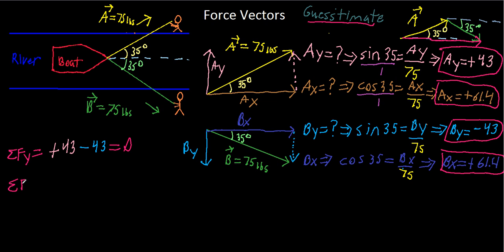So what about the sum of all forces in the x direction? Well, that's going to be positive 61.4 plus another 61.4, which is what, 122.8? So with this in mind, our guesstimate was correct, and that kind of makes sense that it would just go to the right.